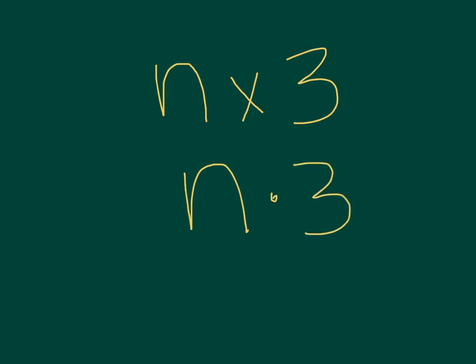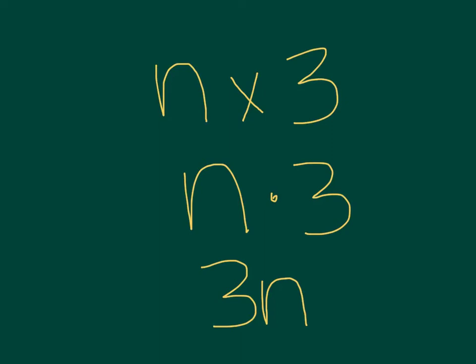Very common. Once you get a little bit more advanced into algebra, when you guys are in 7th and 8th grade for sure, you're going to be writing algebraic expressions or equations in a particular way, and they expect you to write multiplication like this. You take that variable, and whatever you times it by, you put that number in front. So 3n. 3n means there's 3 n's, which is the same as saying n times 3.